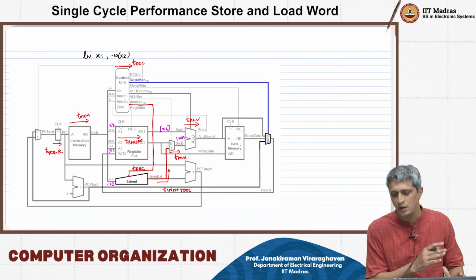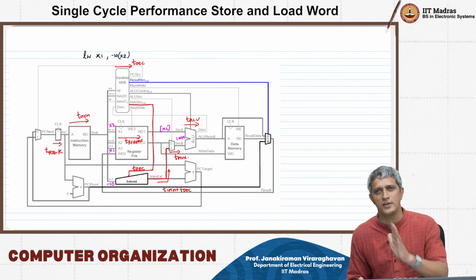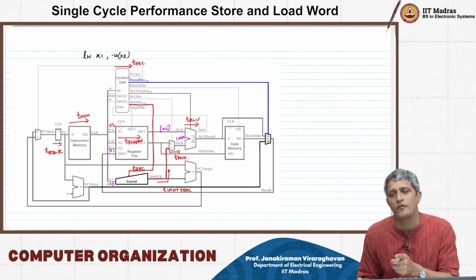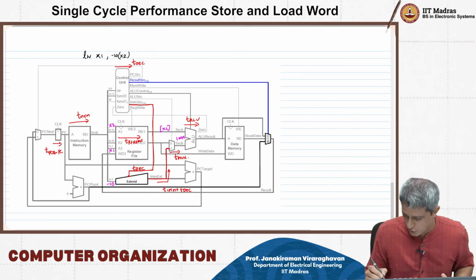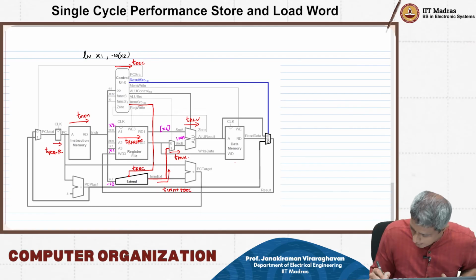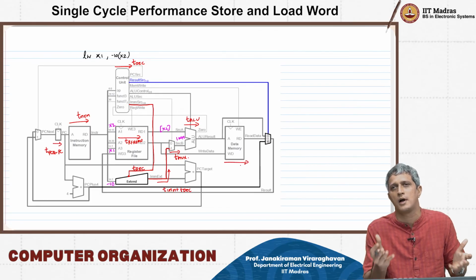You get the result after TALU, and then you do another killer operation, which is read data from this memory. You're going to read data from the data memory. So now you will incur another delay after this address is available, remember?